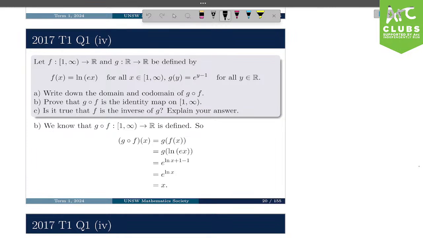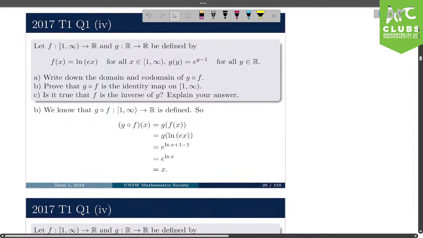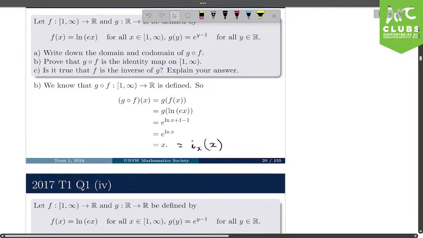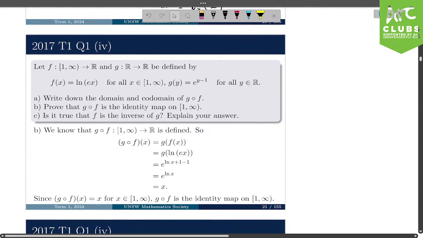That simplifies to e to the power of natural log of x, which just gives us x, which is the identity map. So that's our solution. g of f is the identity map.